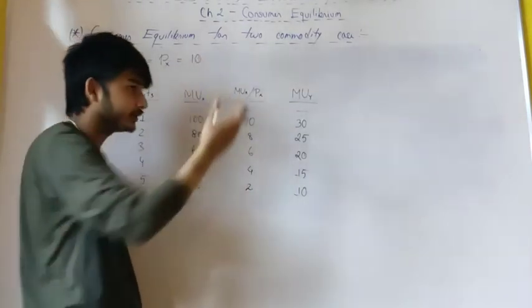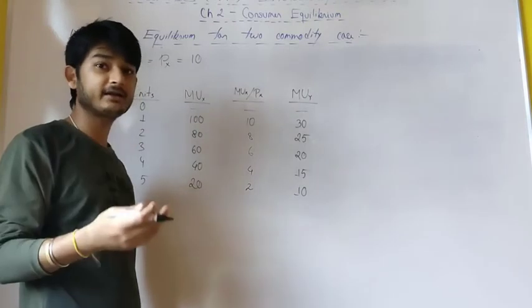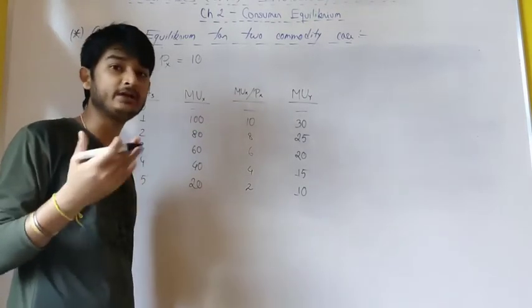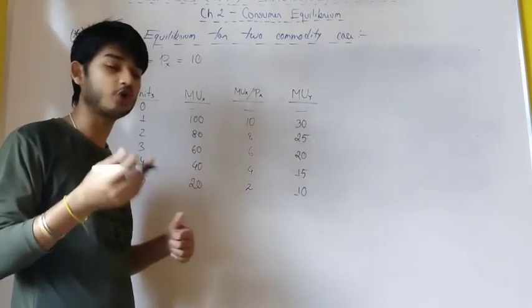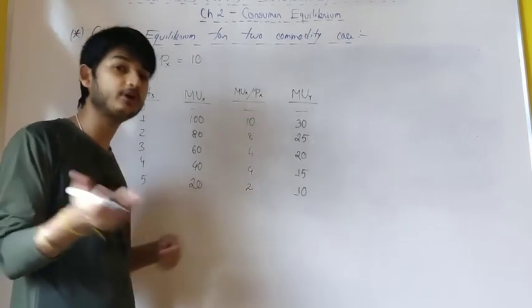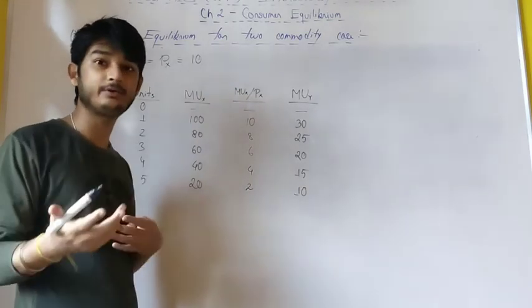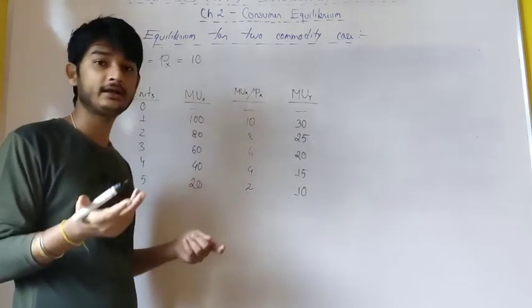And this is much more a practical kind of situation. You will find in the market so many goods are sold at the same price. Say suppose a chocolate, you will get 10 rupees chocolate for a number of brands. You will get a 10 rupees chocolate from Kit Kat, Cadbury's, Milky Bar, and so on and so forth.